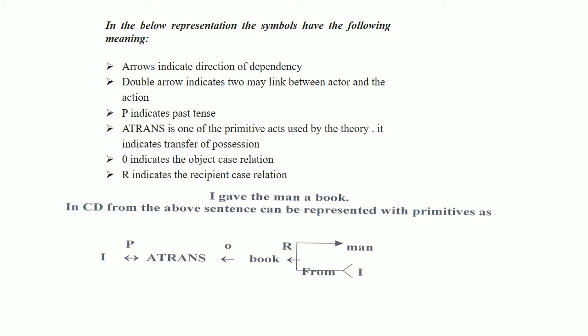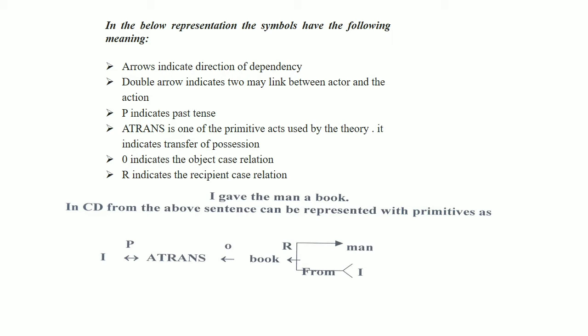What am I giving to the man? What is the object? That is a book. So the book is an object, and it is indicated by O. So the object case relation is indicated by O and the recipient case relation is indicated by R. So I gave a book to the man means an object, the book, is given from me to a person, right? So R is a recipient case relation and O is an object case relation.